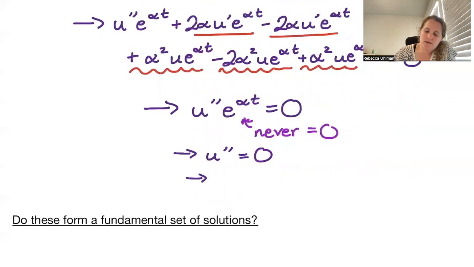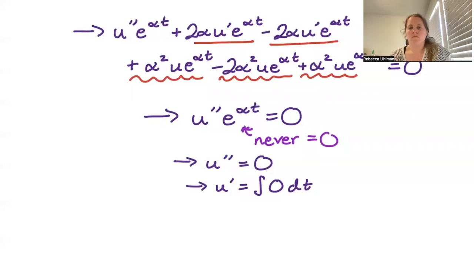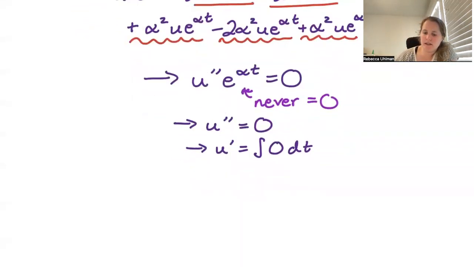From here we get that u prime shall be the integral of 0 dt. I'm going to give myself a little more room. U prime is the integral of 0 dt, and therefore u prime is just a constant c.